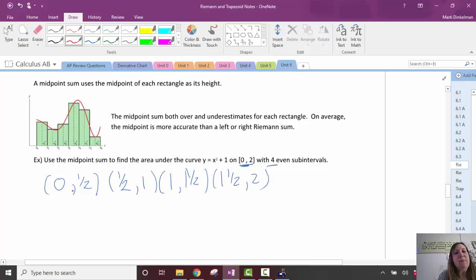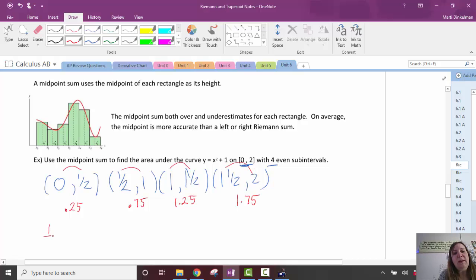And then I'm going to write the midpoint. So in between 0 and 1/2 would be 0.25, and then 0.75, 1.25, and then 1.75. So that's going to be the x coordinates I need that will help me find the height of each of those. Now the width of each of these is 1/2, as I mentioned before.